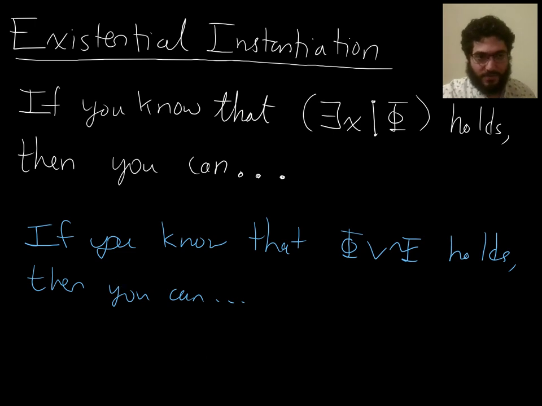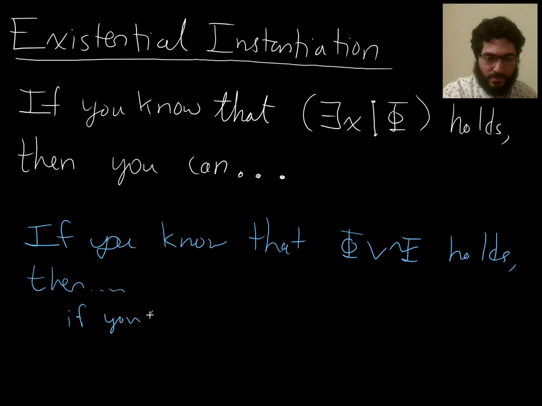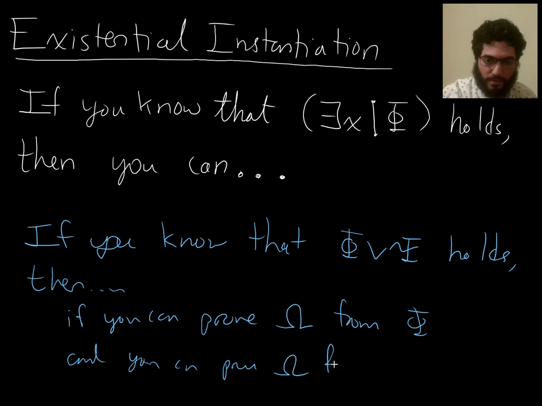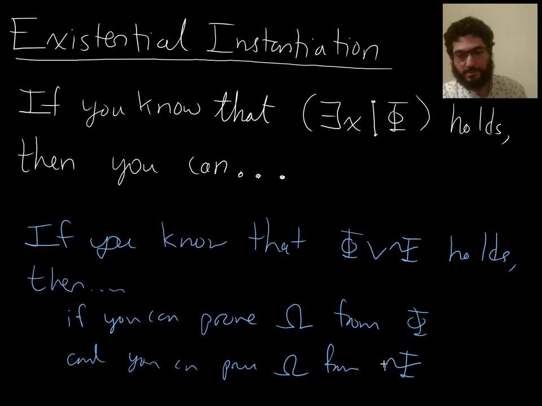If you can prove omega from phi, and you can prove omega from psi, so you do a case 1, suppose phi, and you manage to prove omega, and then a case 2, suppose psi, and you manage to prove omega, then overall you can deduce omega.